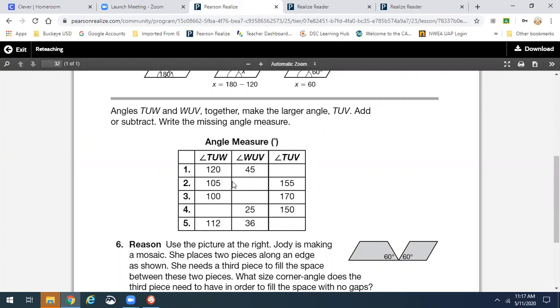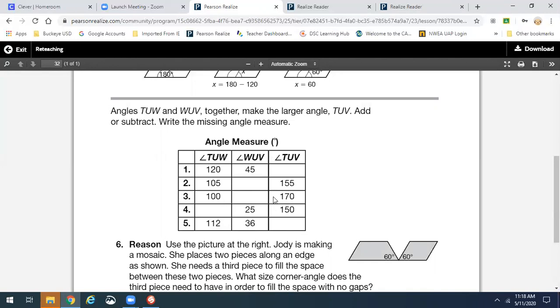Now this one, they're missing an angle, but they gave you a part of it. And this is the total. So 105 plus something equals 155. So I would do 155 minus 105, and that should give you that answer. So this is the total of the angles, these two angles added together.